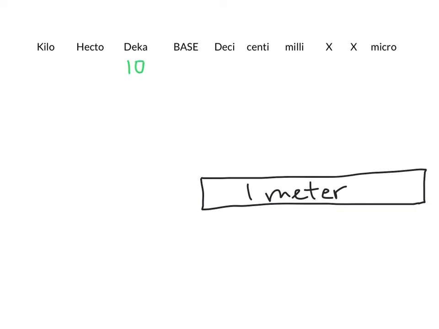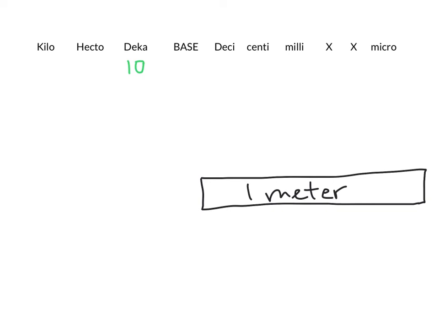What that means is, if I add the prefix deca to the unit meter, and we call it a decameter, that would be 10 of those meters lined end to end to one another. So we might use a decameter to measure the distance of something that's a lot longer.